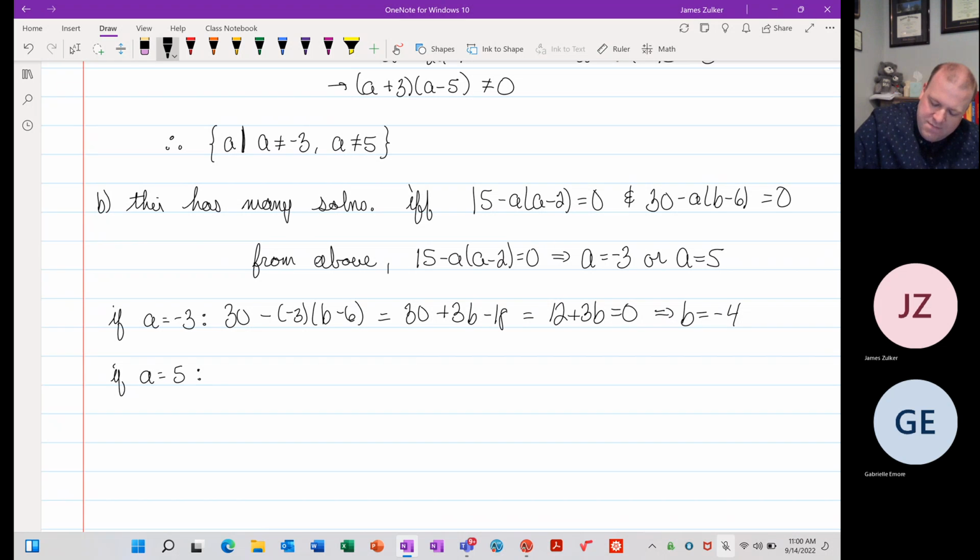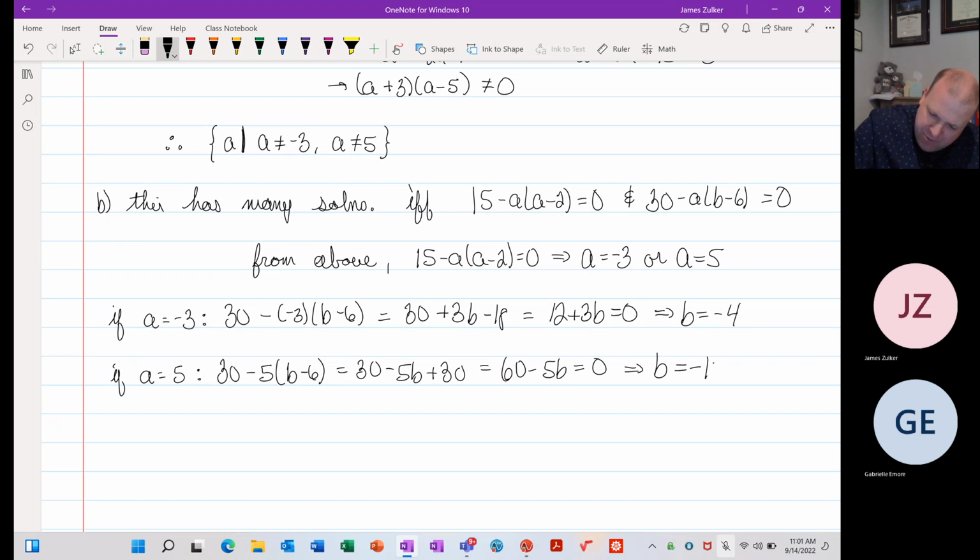Likewise, if a is equal to 5, we get 30 minus 5b plus 30, or 60 minus 5b has to be 0.